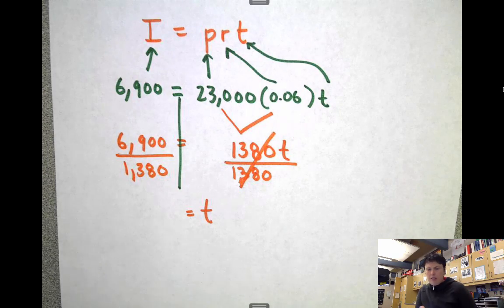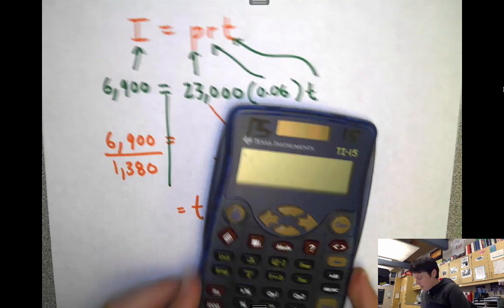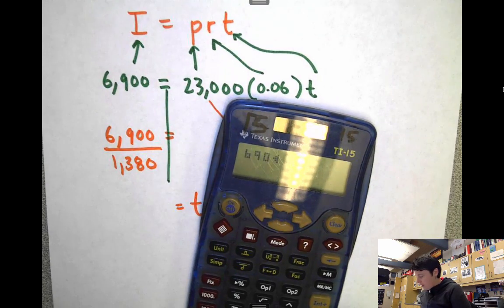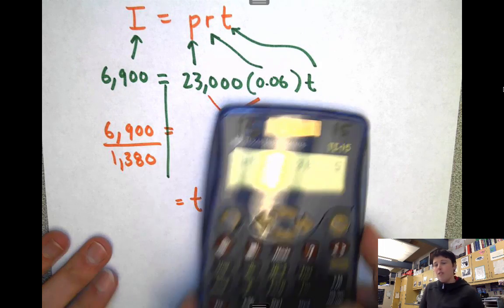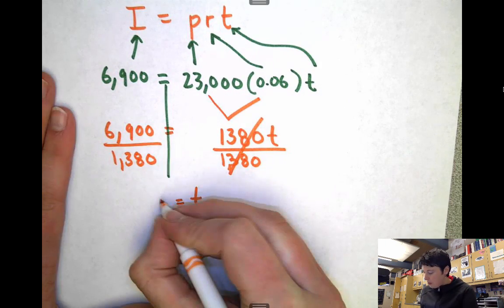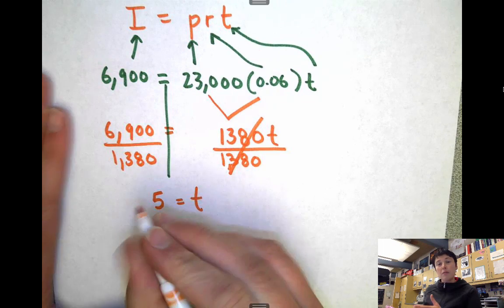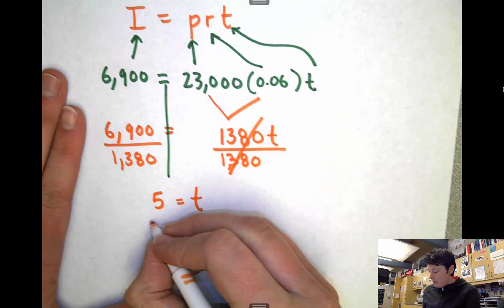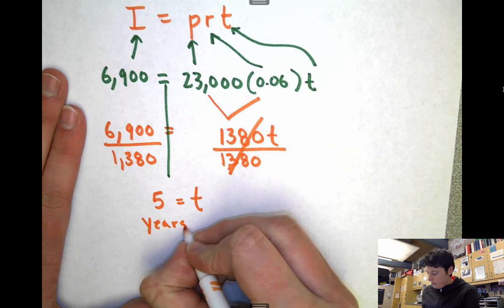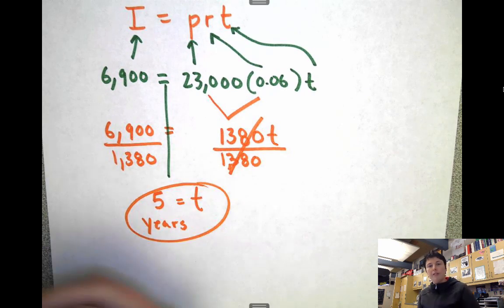So now the question is what's 6,900 divided by 1,380? And that is a nice even 5. That means the time is equal to 5. And 5 what? Remember, everything's in years with this formula, so 5 years. We have our answer, 5 years.